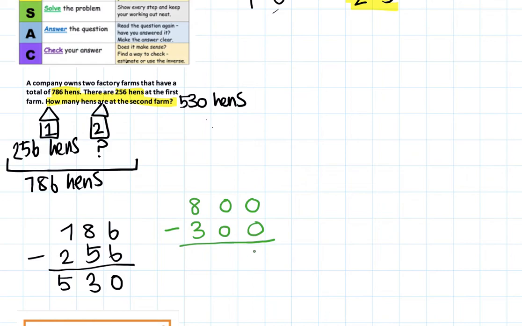If you have nothing, and you take away absolutely nothing, from that nothing you have 0. Same here, 0 minus 0 is 0. 800 minus 300 is 500.